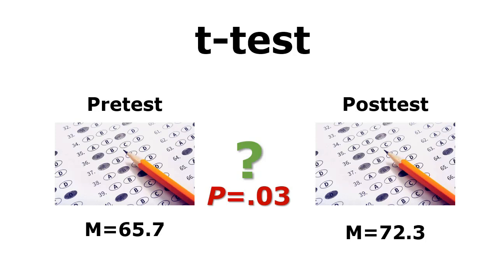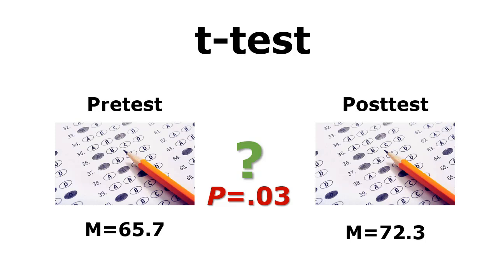So in this case, if the probability of it being due to chance is 0.03, that p-value, by the way, is going to be based on an analysis that includes the size of the population, certainly the standard deviation, so how variable the scores are, and a few other factors related to variance.